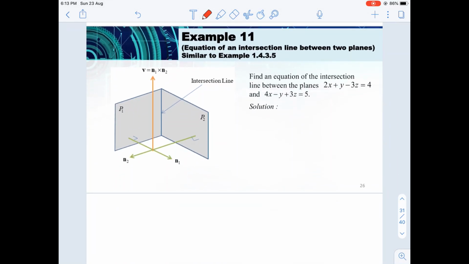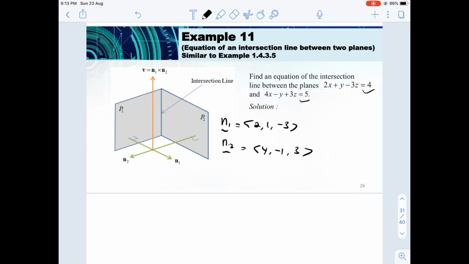Okay, example 11. Find an equation of the intersection line between the planes. Between the planes, we have two planes here. Let's consider this as plane 1 and this as plane 2. So we have n1 equals 2, 1, negative 3, and n2 equals 4, negative 1, and 3.